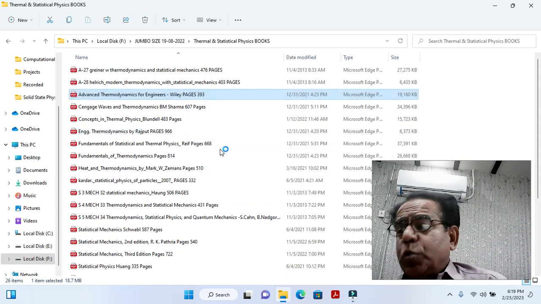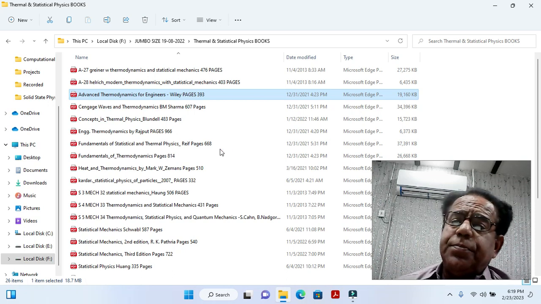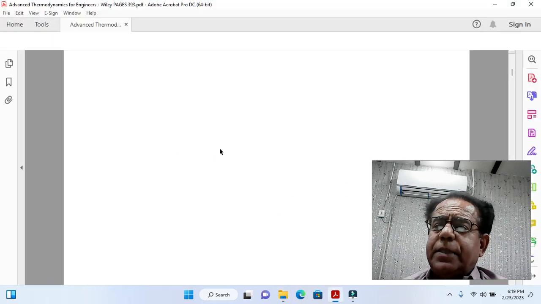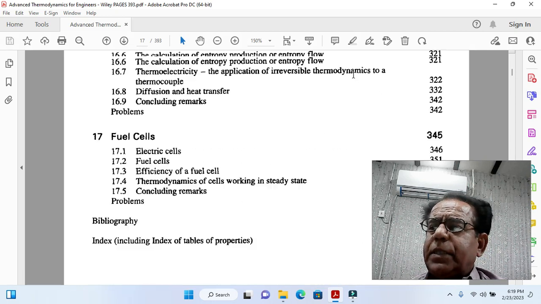This is the book, Advanced Thermodynamics for Engineers, Wiley, having 393 pages. This is the book which we intended to open.